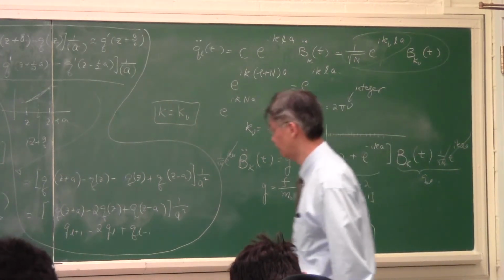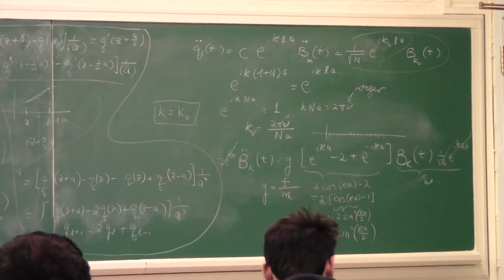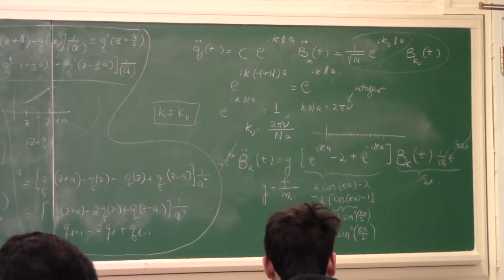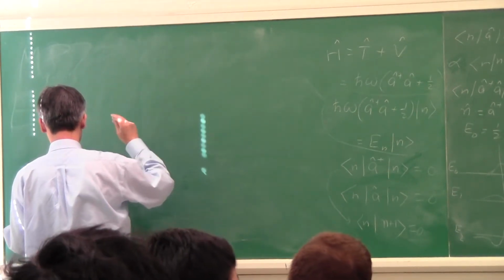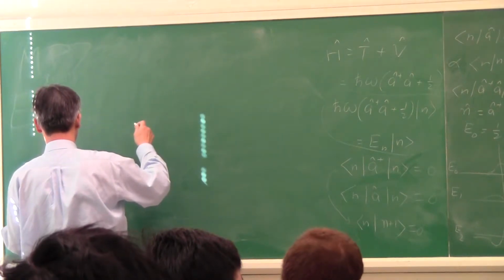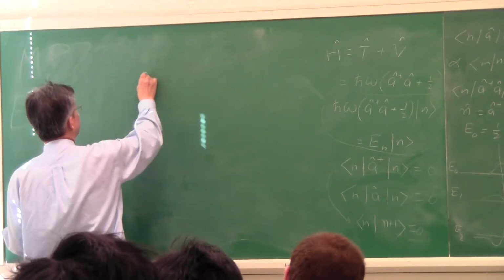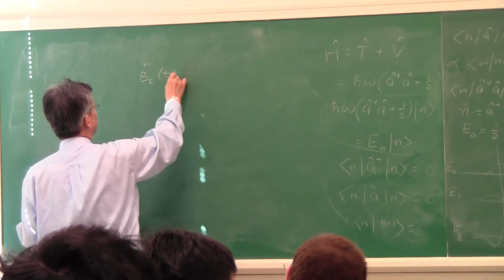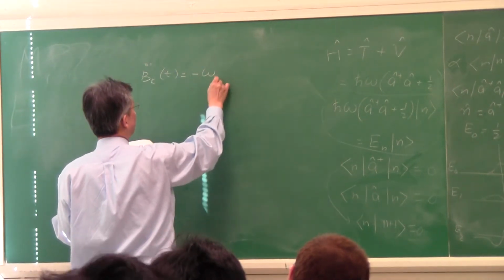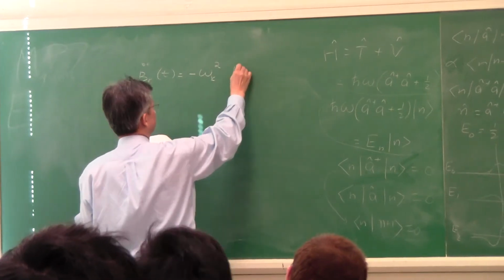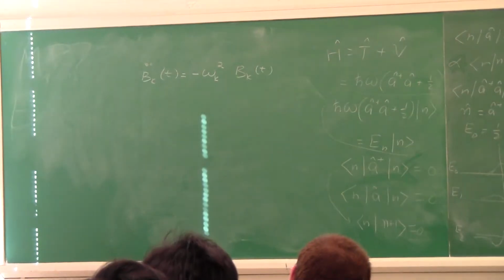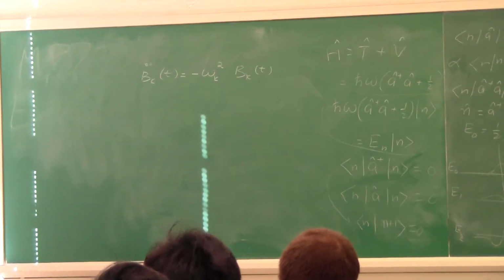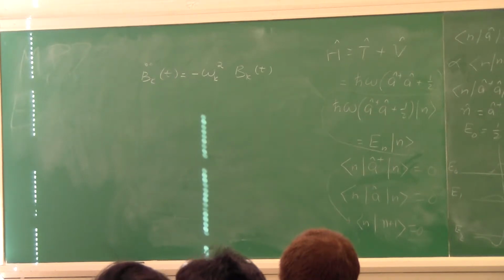And the final equation that you have is that you can consolidate those terms, and then you have the fact that bk double dot t is equal to minus omega k squared bk t, where omega squared comes from the consolidation of all these terms over here, with the factor g involved.